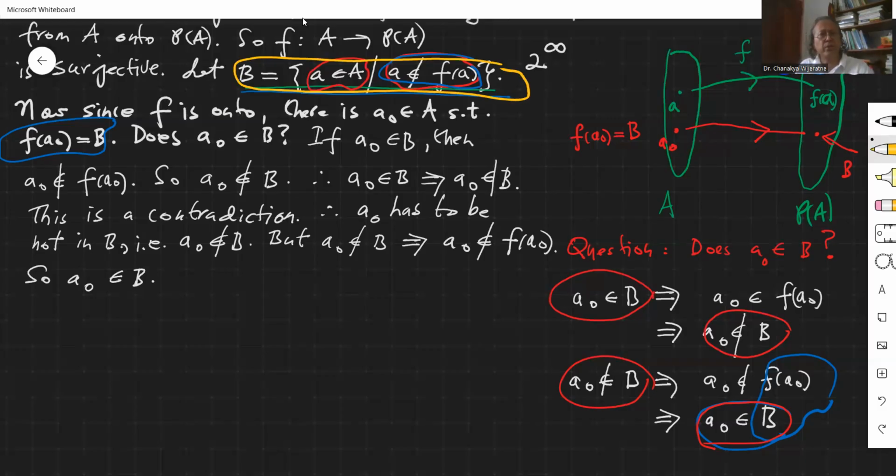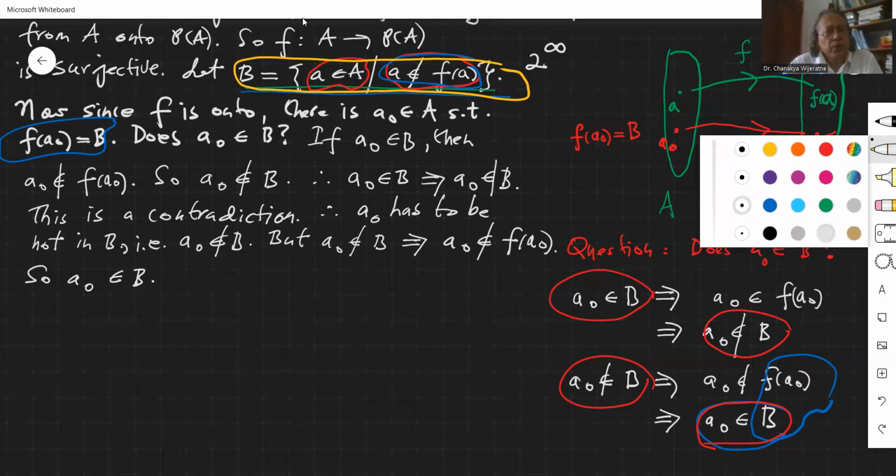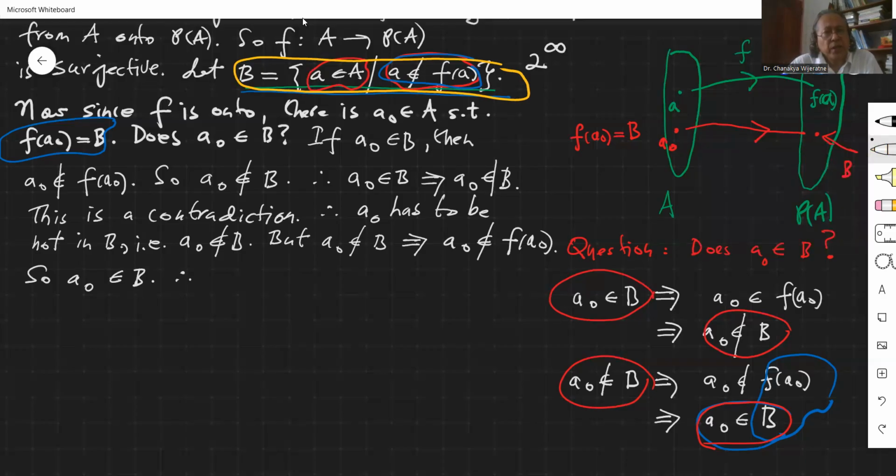So therefore, A naught belongs to B. So A naught doesn't belong to B implies A naught belongs to B. Again, a contradiction.